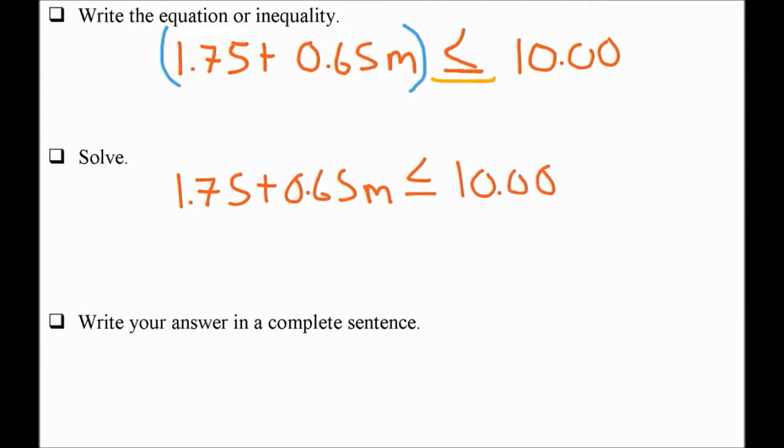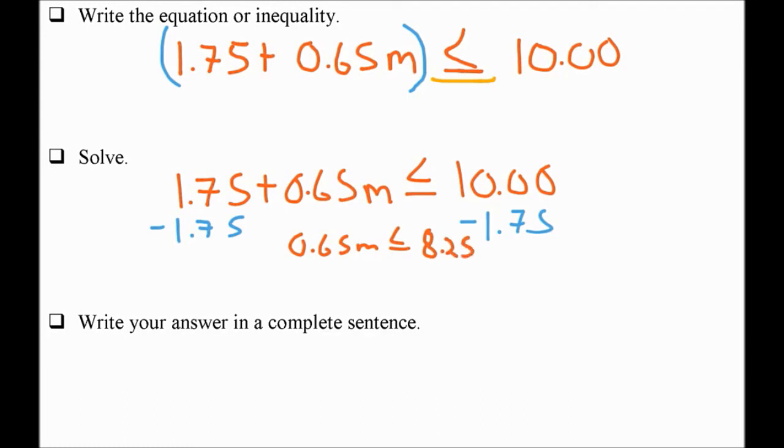The first thing I want to do is subtract $1.75 from both sides, and I get 0.65m is less than or equal to 10 minus $1.75, which is 8.25.